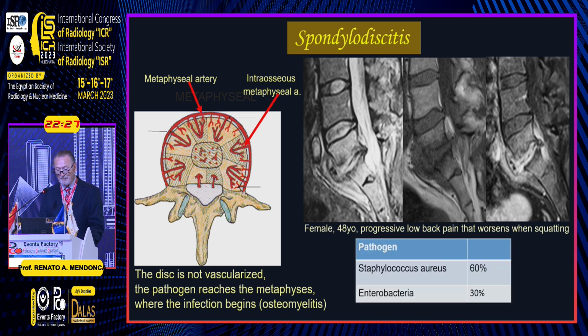The most common agent is again Staphylococcus aureus, but Enterobacteria is still very common in adults and old people with immunosuppression. It becomes common also.